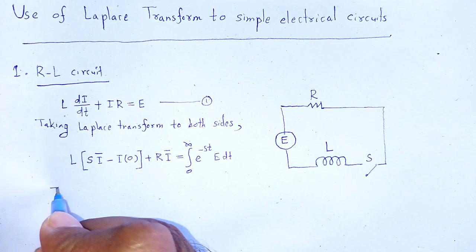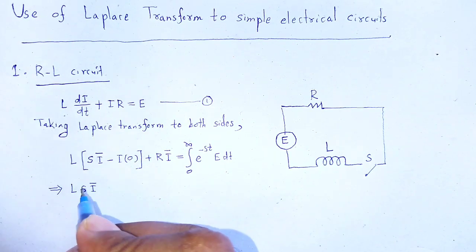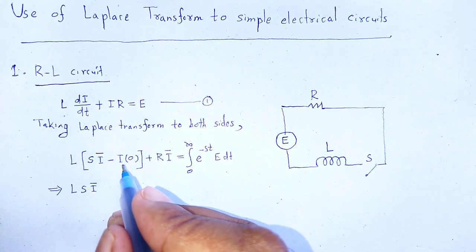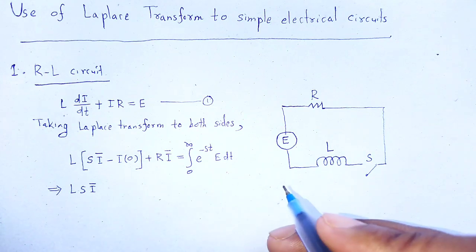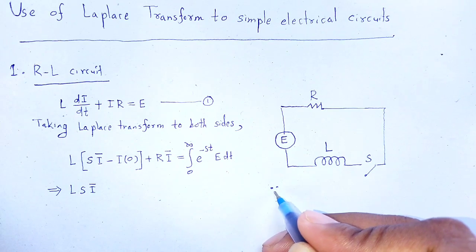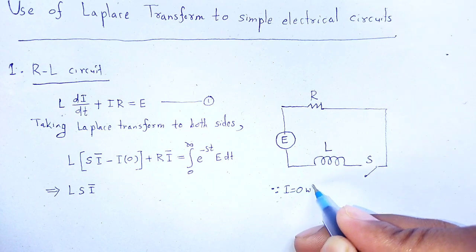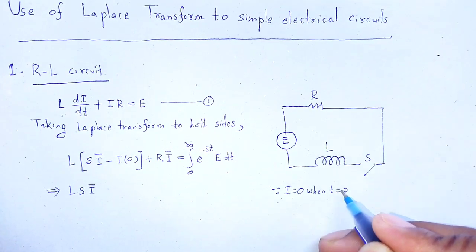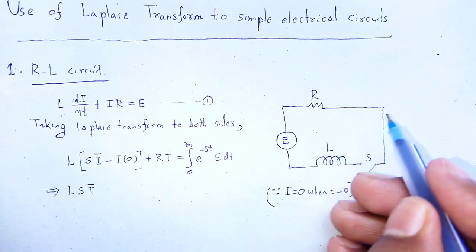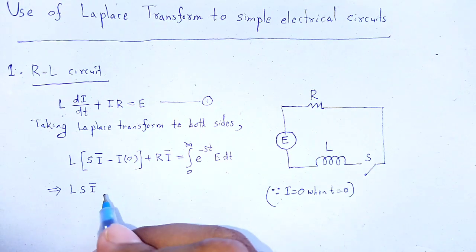Which implies L s I bar minus I at 0. I at 0 means the current at t equal to 0. Here I is equal to 0 when time t is equal to 0; there will be no current throughout the circuit at time 0.